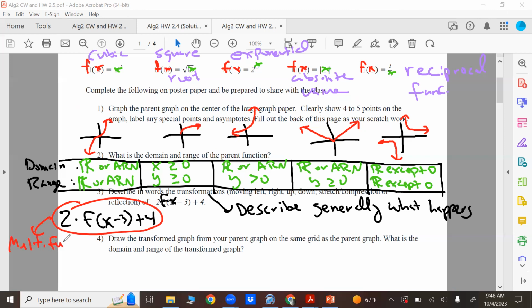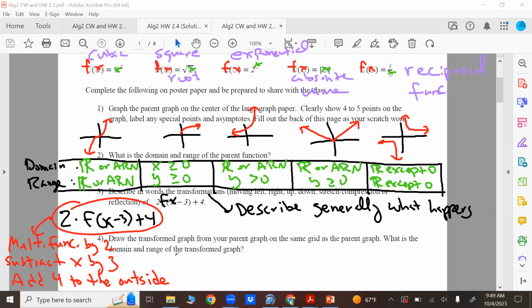You multiply the function by 2, subtract x by 3, add 4 to the outside. Okay, does that make sense?